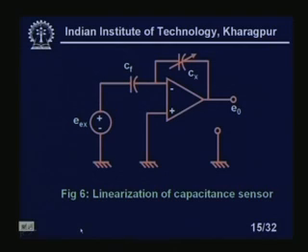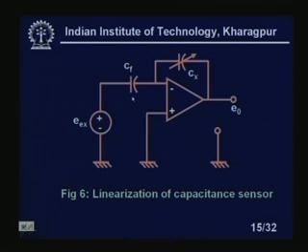This is the op amp based circuit you see here, that you are using one op amp, and this is the capacitance which will be variable, whether you are using it as a displacement sensor or level sensor, it does not matter. We put it in the feedback path of the op amp, and CF is the fixed capacitor. I am giving an excitation voltage of EX, and taking the output from E naught.